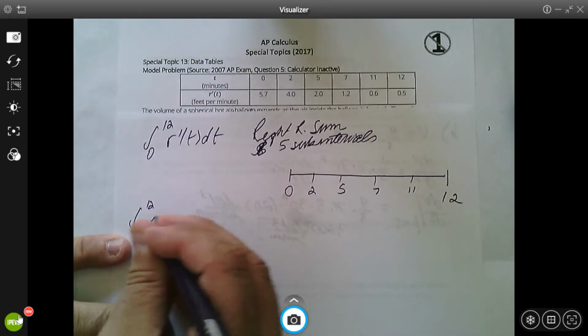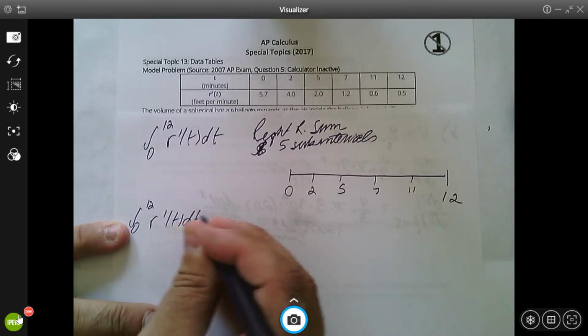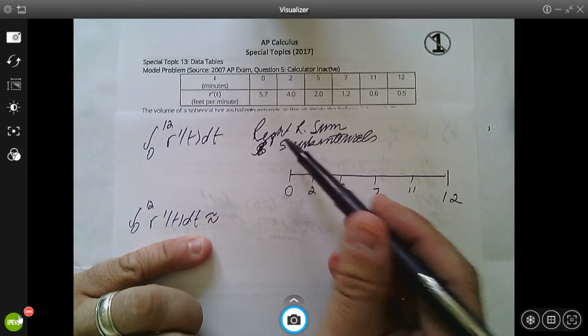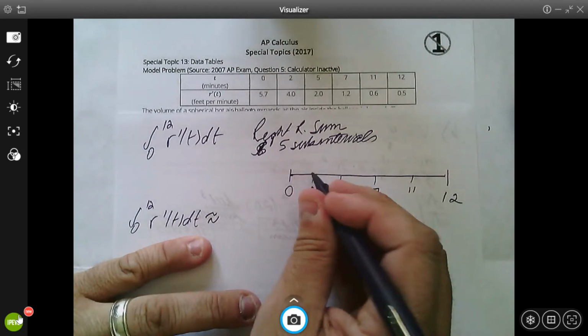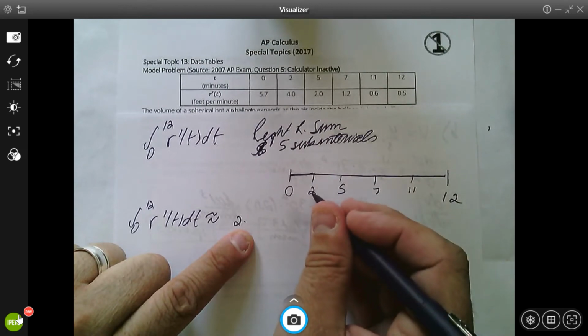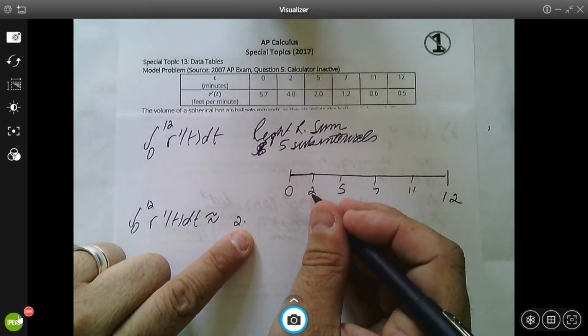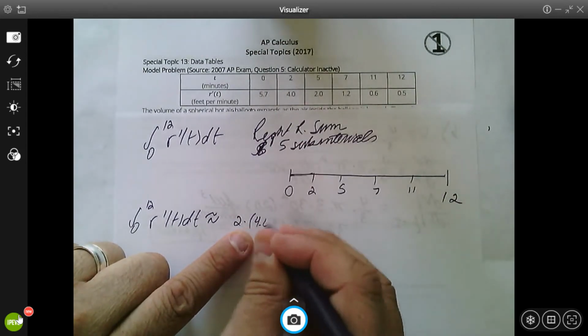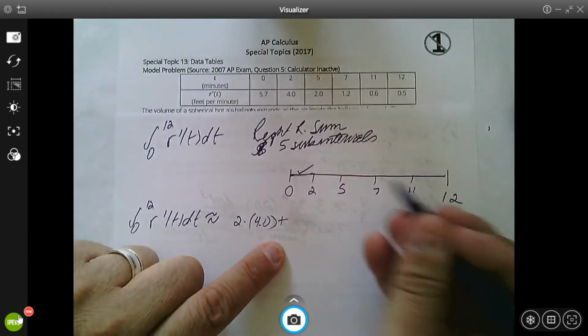Your integral from 0 to 12 of r prime of t dt using the right endpoint for each subinterval: how wide is the interval, in this case 2, times the height of the function at time 2, in this case that is 4.0, that's the first one.